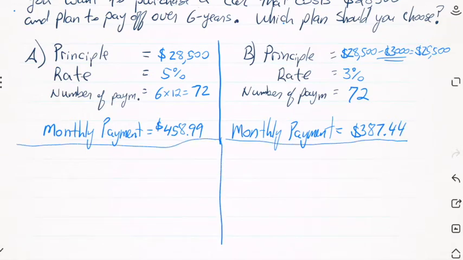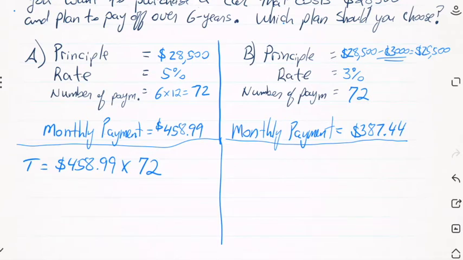With a monthly payment, we can at least find the total amount paid for the loan, not necessarily the car. So the total amount is going to equal the monthly payment times the number of payments. This is how much it costs for Plan A. There was nothing else going on.